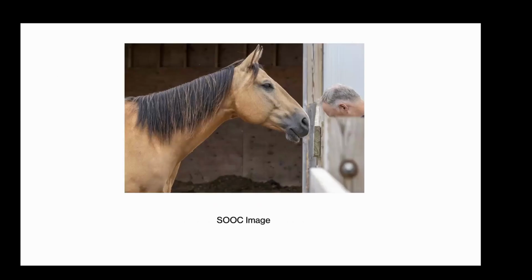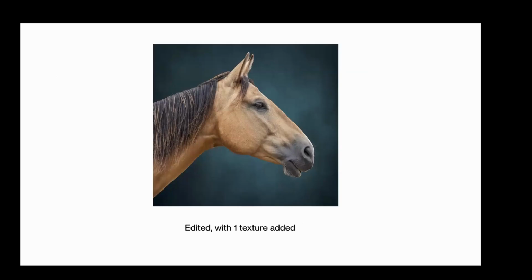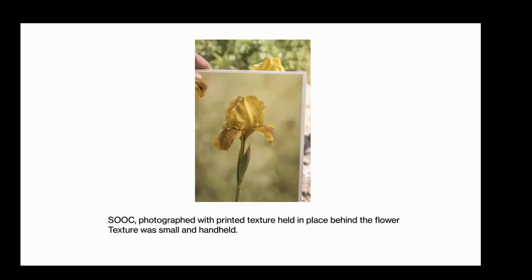Here's an image I got at my niece's farm, and half of my husband's head there, and the horse was where the horse was, and that's all we had. And so I added 1 texture and cropped the picture. This was taken in a very busy garden in Denver, and a friend was hand holding the texture, and not very straight by the looks of things.